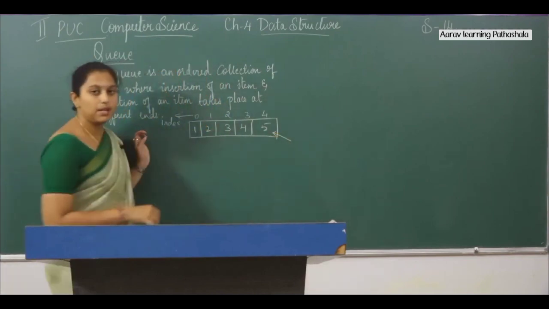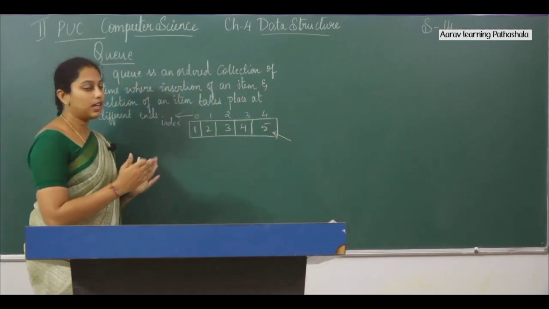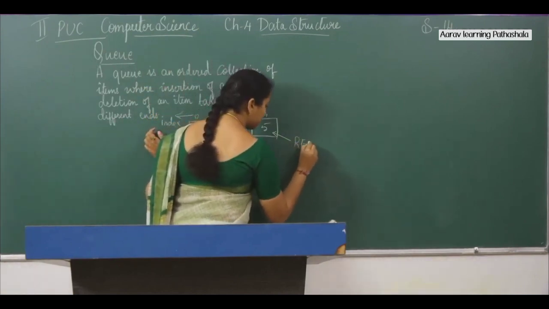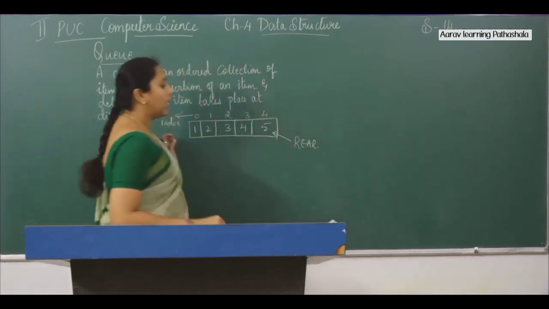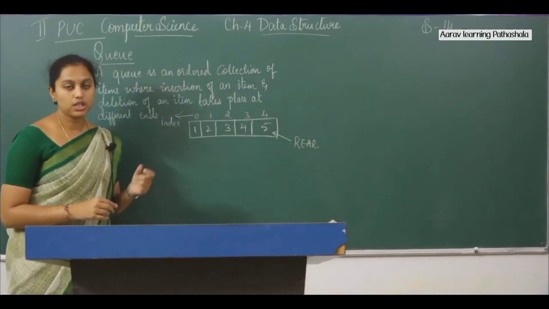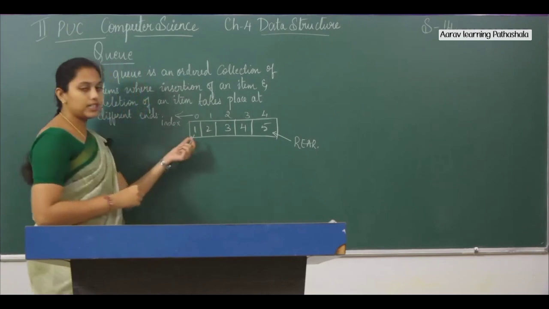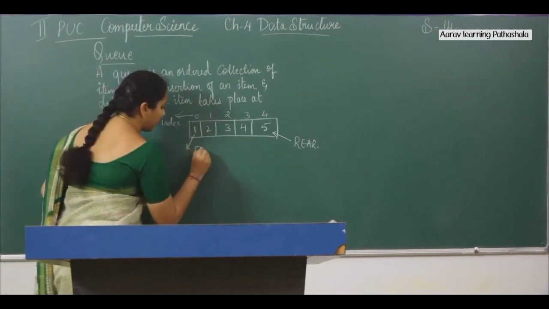Insertion of an element takes place at the end of the queue called rear, and deletion of an element in a queue takes place at the front end called front.